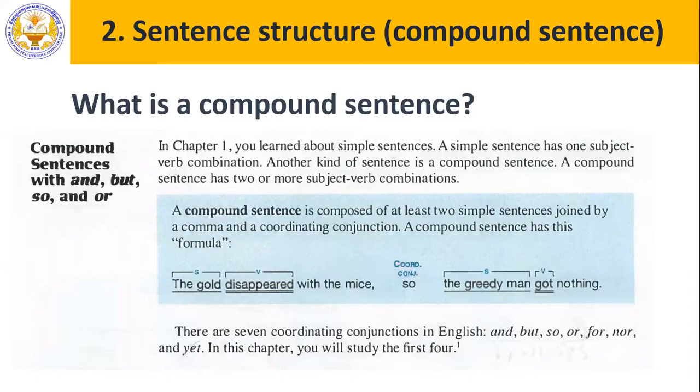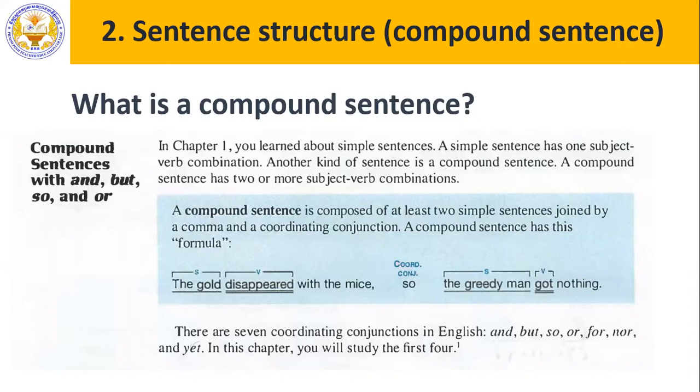And with simple sentences we have 4 formulas. We have SV, one subject and one verb. We have SVV, one subject and a compound verb. We have SSV, a compound subject with one verb. And we have SSVV, a simple sentence that has a compound subject and a compound verb.